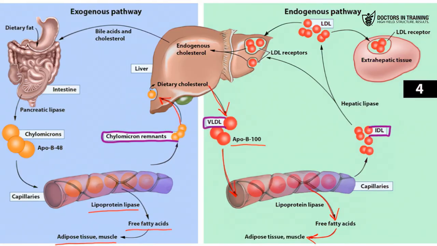That IDL can then go throughout the circulation some more. Now, two primary pathways exist for that IDL. It can be reabsorbed by the liver, or it can be hydrolyzed further to produce an LDL particle. This is through the actions of hepatic lipase, sometimes referred to as hepatic triglyceride lipase. And LDL is very cholesterol rich, so you pulled off nearly all the free fatty acids from that particle. So it's a very cholesterol rich particle.